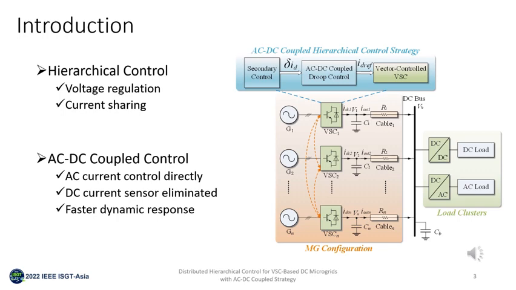First, the introduction part. As we know, the hierarchical control strategy can achieve voltage regulation and current sharing. However, traditional methods usually use DC voltage or DC current loop to regulate the DC voltage and current, and the bandwidth of the DC control loop will limit the dynamic response of the system.